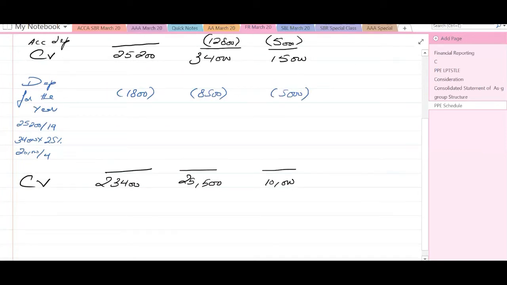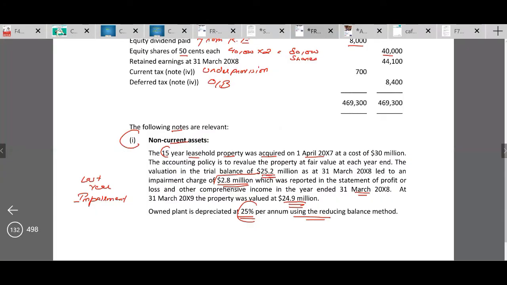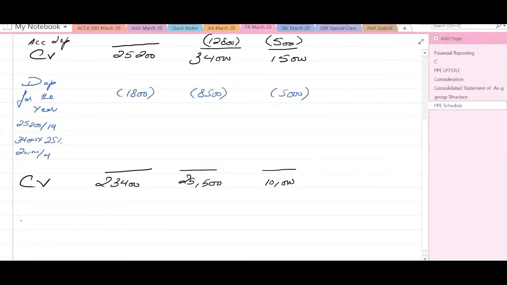Okay, then the leasehold property was revalued at the year end, and it was 24,900. So it was the only property which was revalued, only PPE.